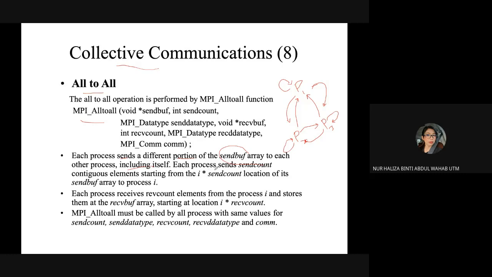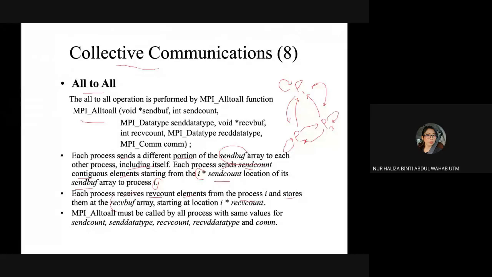You can see each process sends send count contiguous elements starting from the I-th send count location of its send buffer. Each process receives receive count elements from process I and stores them in the receive buff.